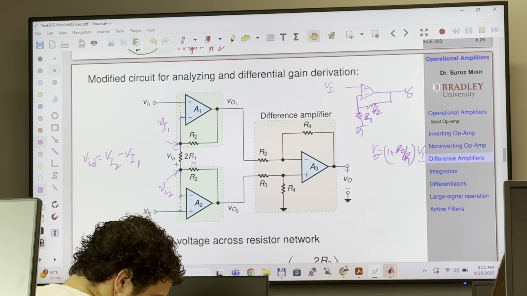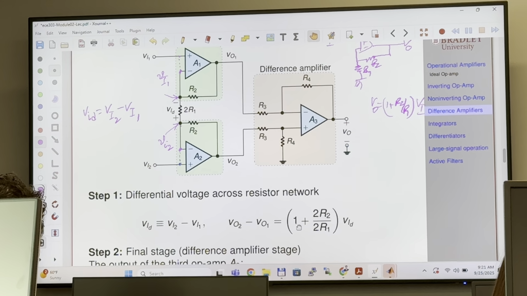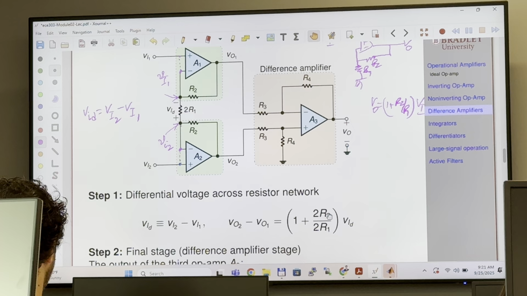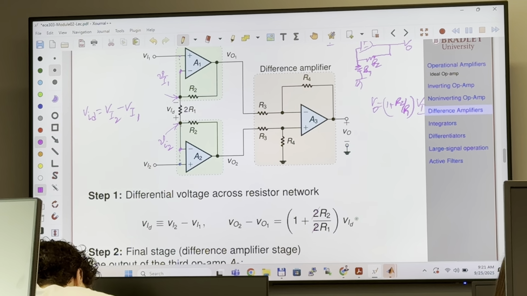Now, if we analyze these two amplifiers, you will see the same configuration. It is simply 1 plus 2R2 over 2R1. You can simply cancel the 2s, so it's simply 1 plus R2 over R1 times this input difference, VID.